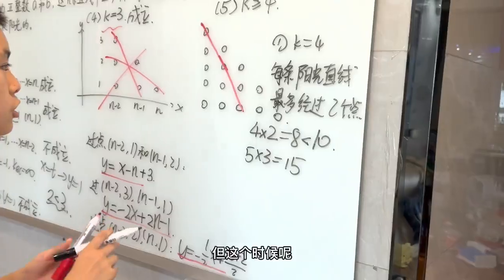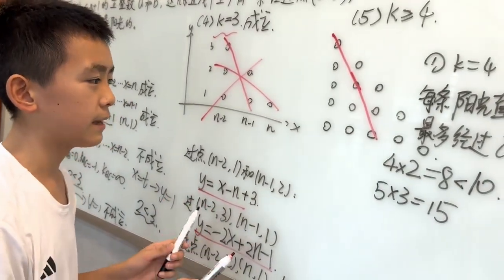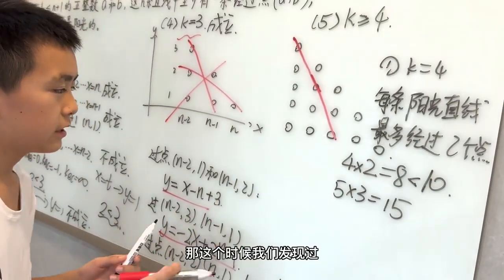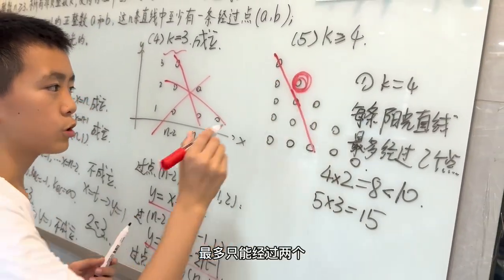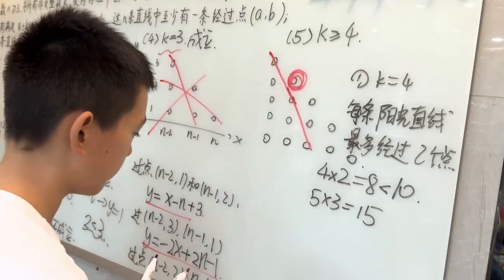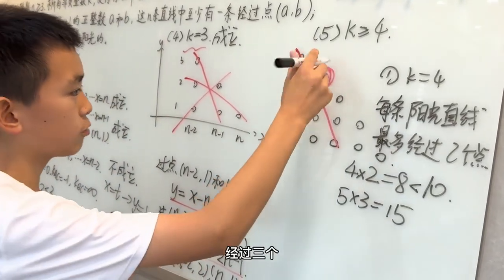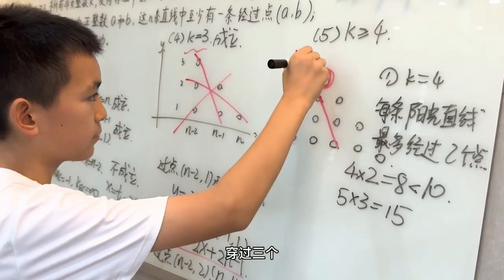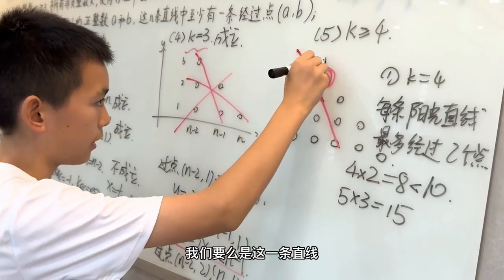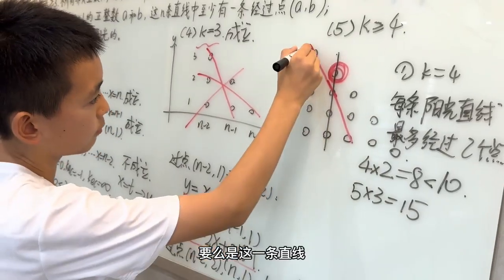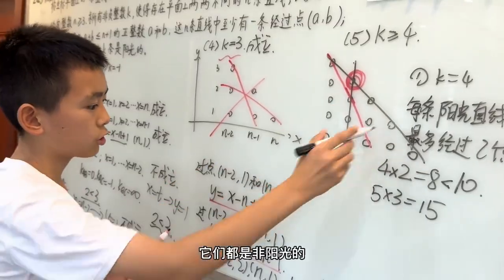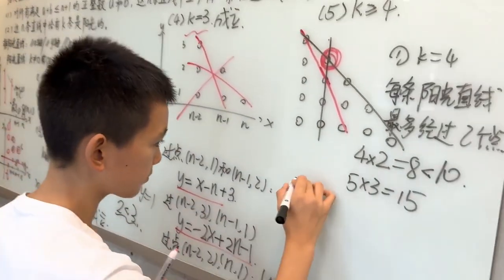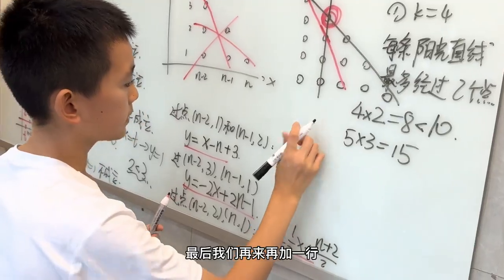But at this time, we notice that each straight line of sunlight must pass through exactly 3 points, and then we find that a sunlight line passing through this vertex can only pass through up to 2 points. If we need to pass through this vertex 3 times and place the points accordingly, it is clear that the 2 resulting lines are not sunlight lines. Finally, let's add another one.